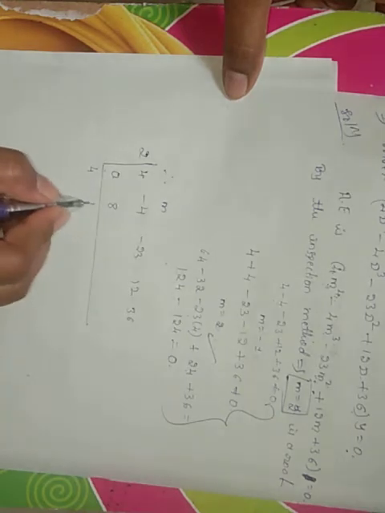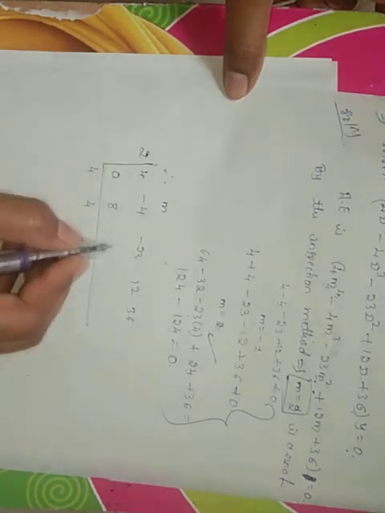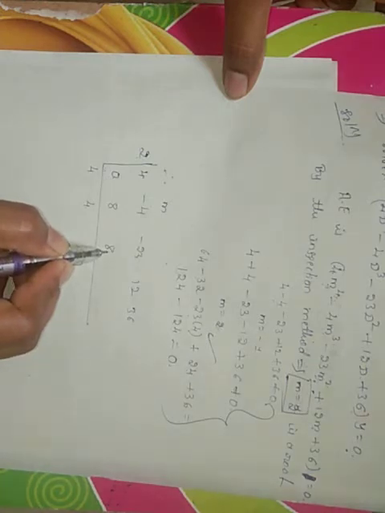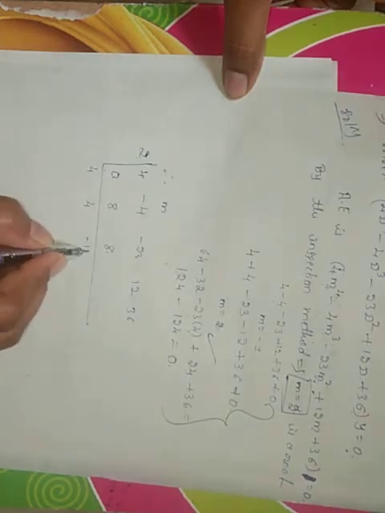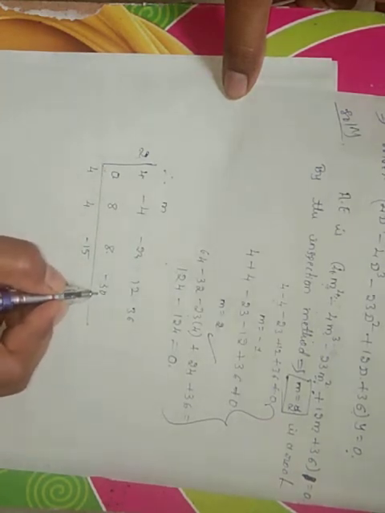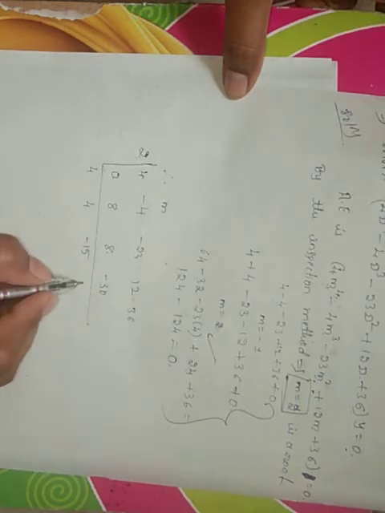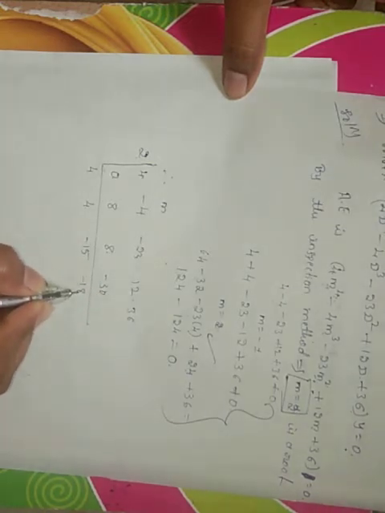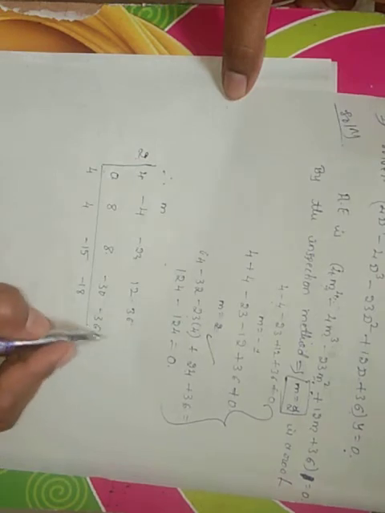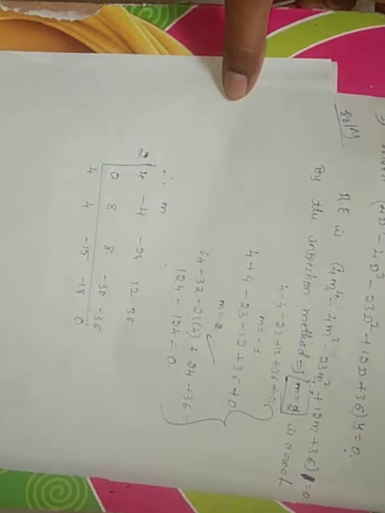Minus 4 plus 8, 4. 4 into 2, 8. Minus 23 plus 8, minus 15. 15 into 2, 30. Minus 30 plus 12, minus 18. Minus 18 into 2, minus 36. Plus 36, 0.